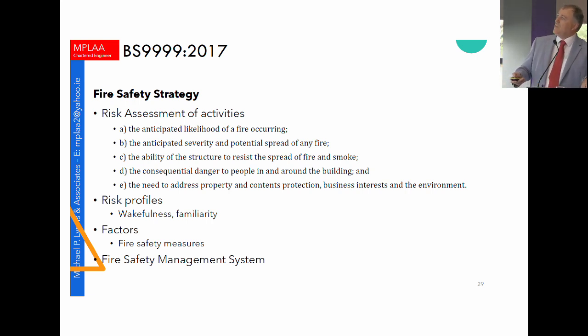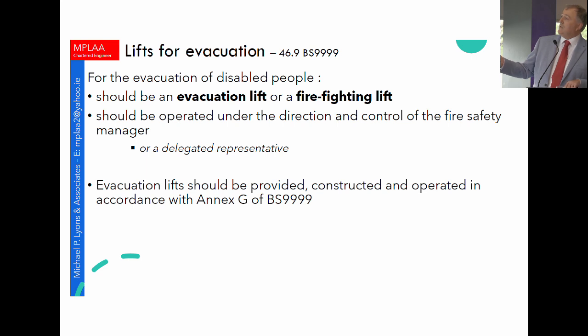There's very useful information in 9999 that can be used elsewhere, and one of those parts has been, anyway, up until the latest version of TGD B, when you use an evacuation lift for a firefighting lift, and the details that go into what constitutes an evacuation lift or not.